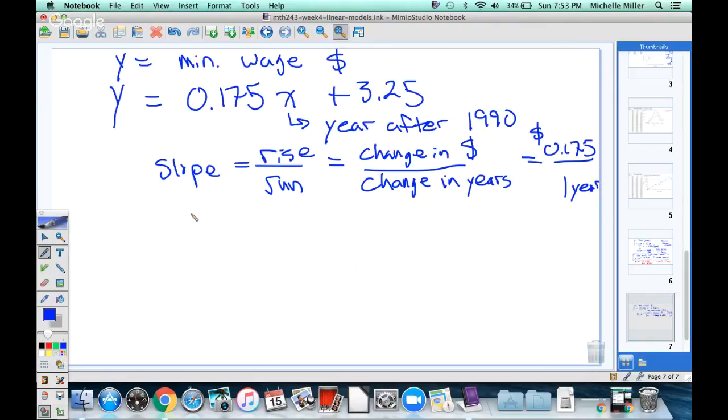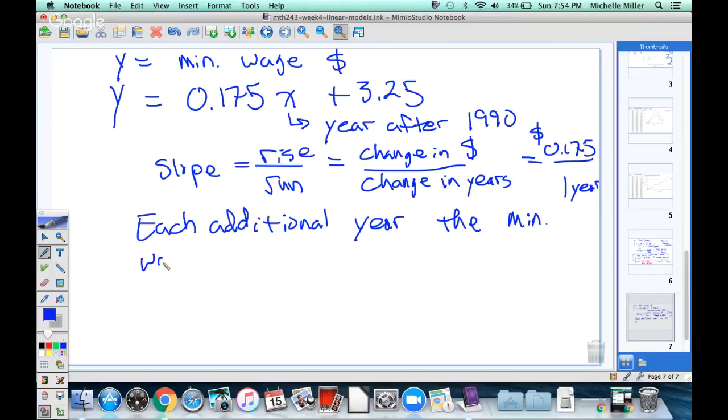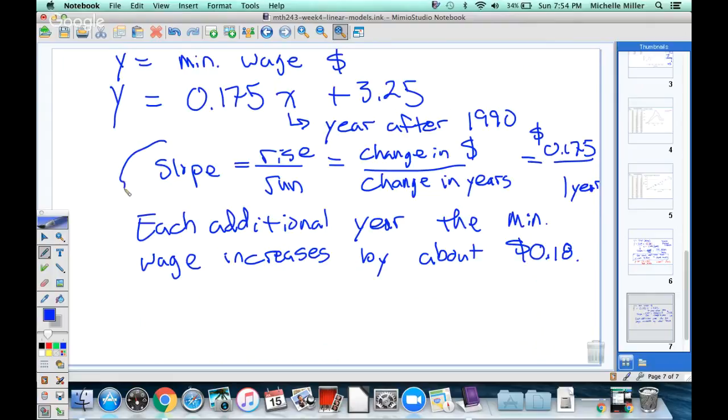Because the slope is a rate of change, each additional year the minimum wage increases by about, let's round that, 18 cents. So that's an interpretation of the slope.